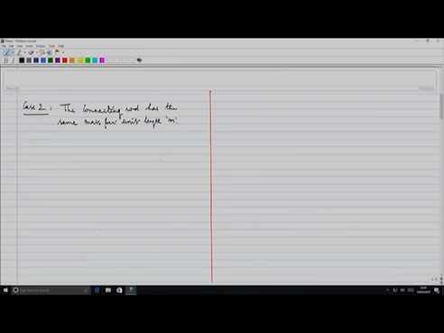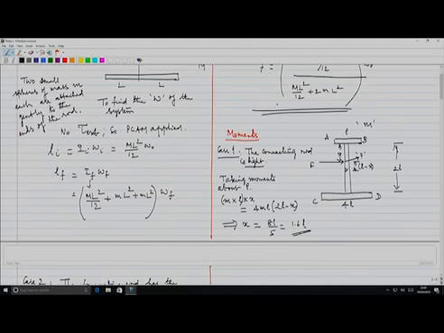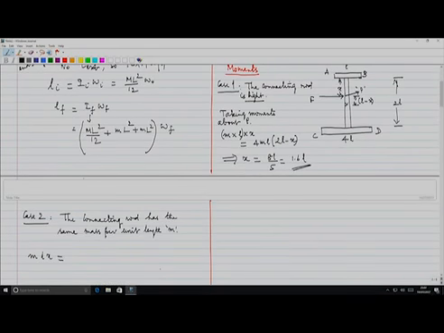Okay, then what will happen? From the top portion it will be the same, meaning the moment due to AB will be the same, and the moment due to CD will also be the same.